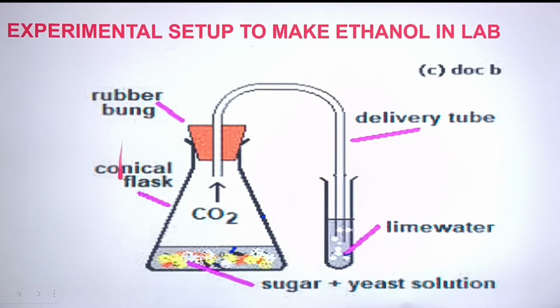This experimental setup can be easily done in a school lab where we take some sugar, which is having carbohydrate, and a little bit of yeast to it. After some time, we'll find that bubbles are produced and the gas passes through lime water, turning it milky. And what remains behind is an alcohol. This is a slow method, hence takes time to form.